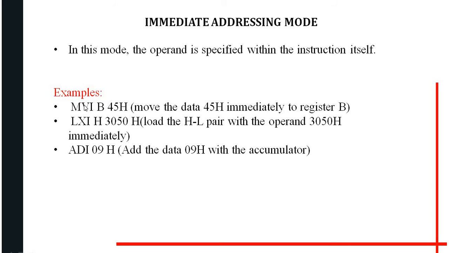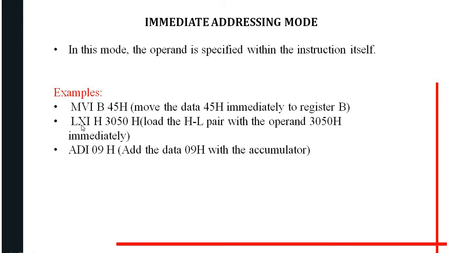The I indicates the immediate addressing mode. Here we are giving the 8-bit data 45H directly in the instruction itself. This operation moves 45H immediately to register B.